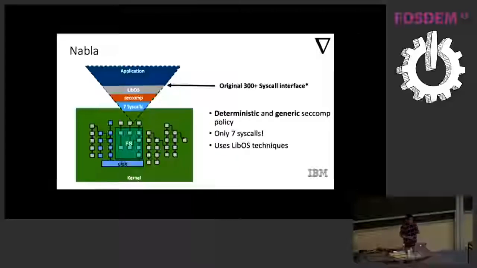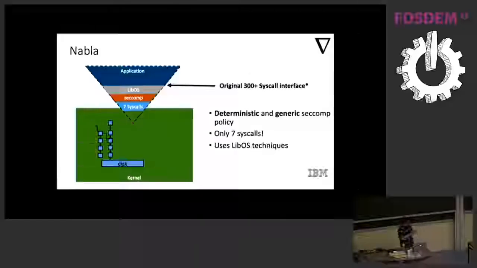That's what the 7 syscalls are mainly doing. The approach here uses the concept from unikernels, and eventually we see the kernel becoming like a microkernel. It's going to be smaller and smaller.